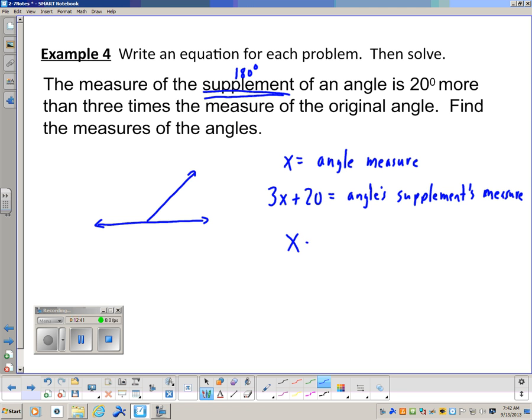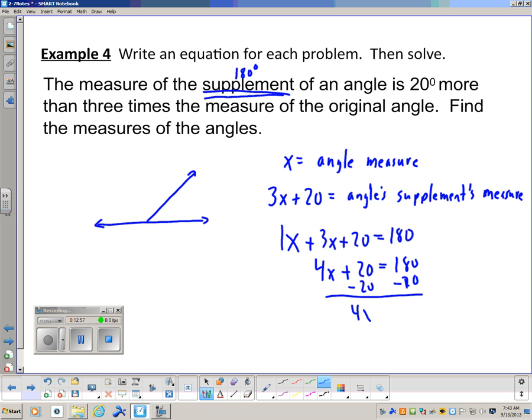I could do x plus 3x plus 20 equals 180. Combine my x's over here, so I get 1x plus 3x is 4x. I could subtract 20. I get 4x equals 160. Divide by 4, and x ends up being 40.